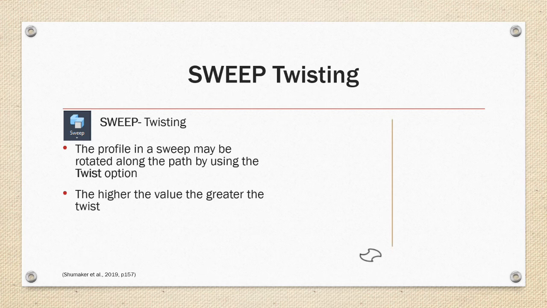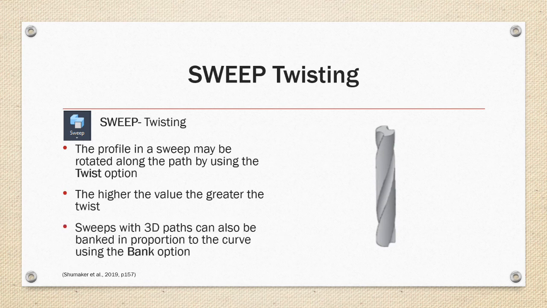In the example on the right, the profile shown on the right in black is swept along the orange straight path with a 270-degree twist to produce the following solid shape. Sweeps with 3D paths can also be banked in proportion to the curve using the bank option. Now let's go to AutoCAD to see how introducing a twist to a sweep is applied.